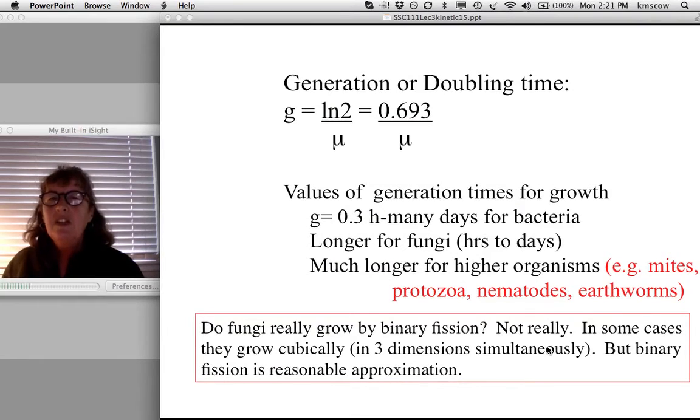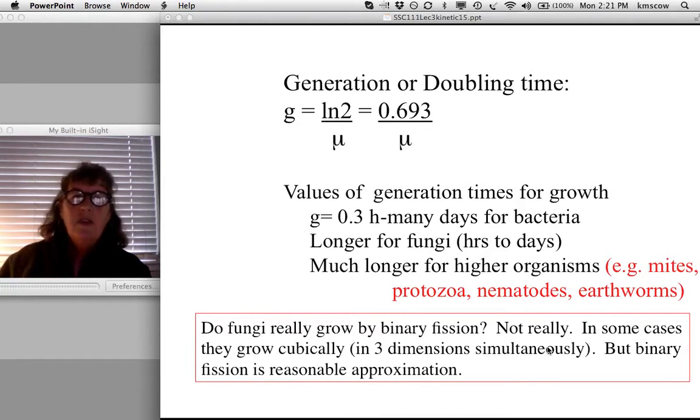And similar to the first order rate expression, we also have something equivalent to the half-life, but in this case it's the generation time, or the doubling time. How long does it take for the population to double?